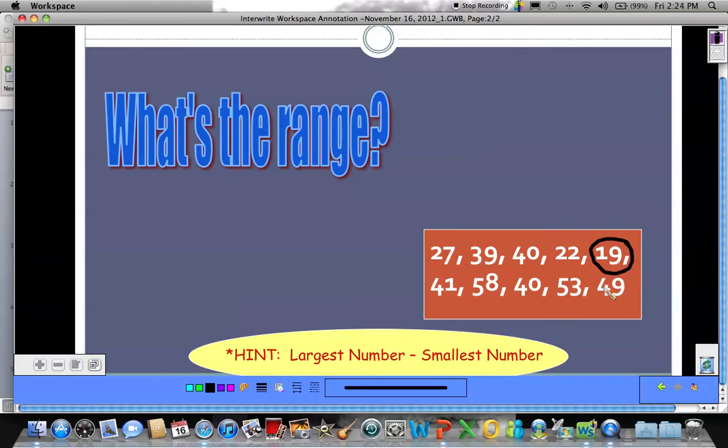So I'm going to circle that. And then I'm looking for my largest, which is 58. So to find the range, I have to do 58 minus 19. So that gives me 39 for my range.